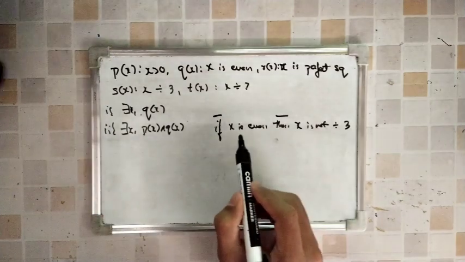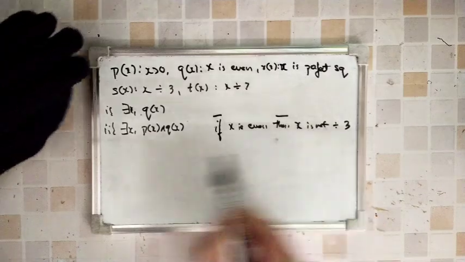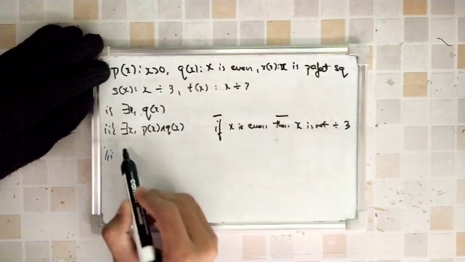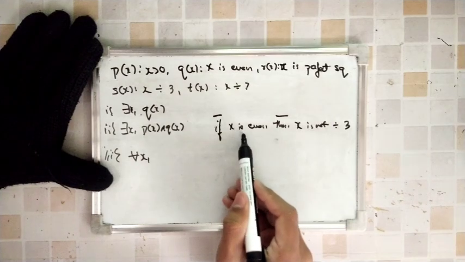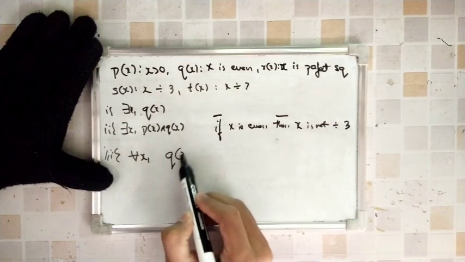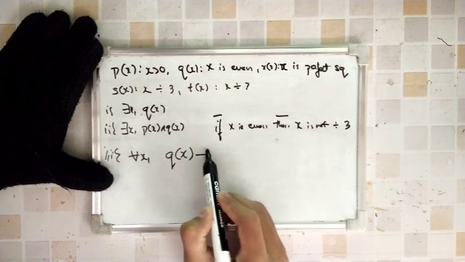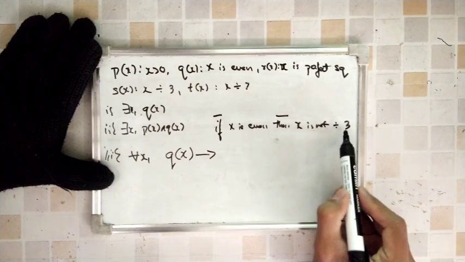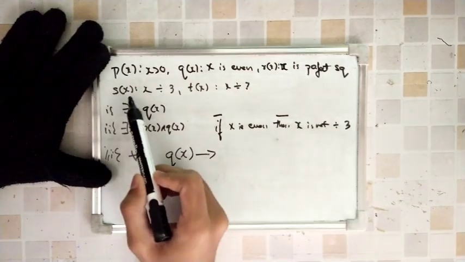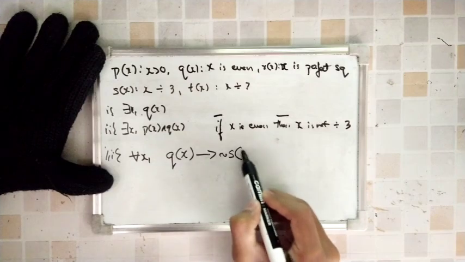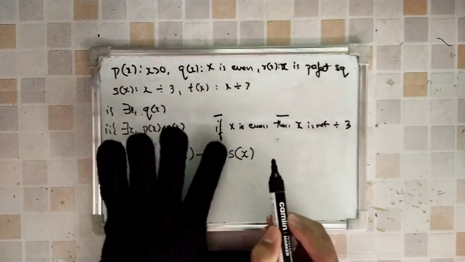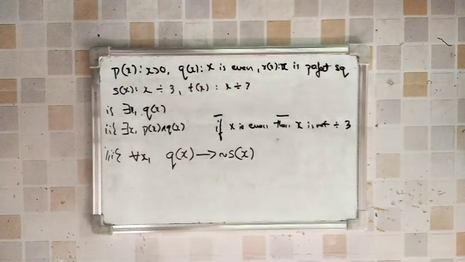They have not said for a particular x, so this means for all x, where x is even, Q of x. If Q of x is even, then it implies x is not divisible by 3. We have S of x as x is divisible by 3. So I simply write negation S of x. If I take the negation of S of x, it is not divisible by 3.